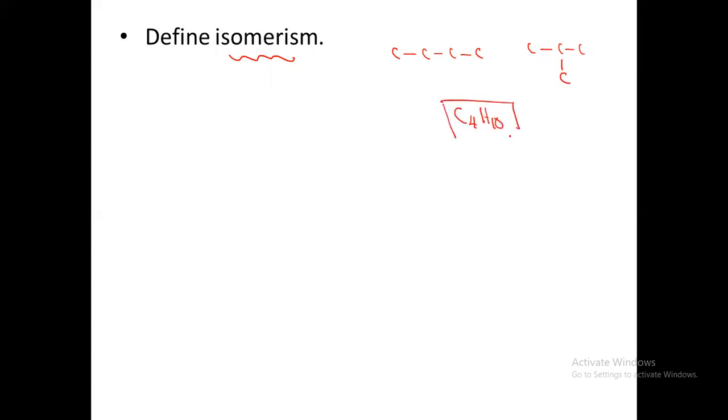With the same formula, you can have more than one compound. This is one compound, and this is another possibility with the same formula. This phenomenon is called isomerism: the phenomenon in which you can have different compounds with the same molecular formula. Isomers means with the same formula, different molecules can exist, and this phenomenon is called isomerism.